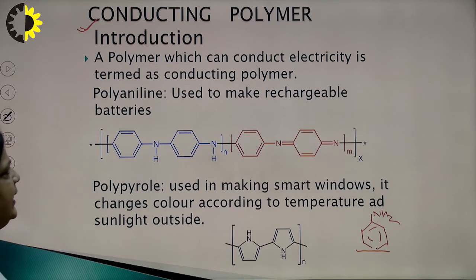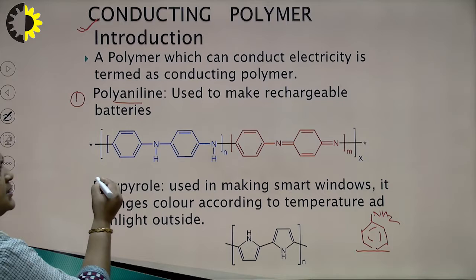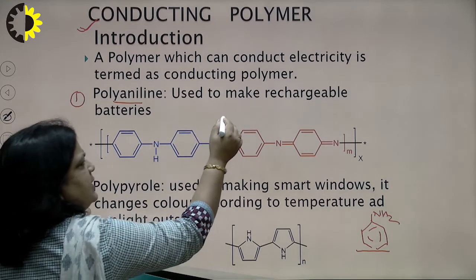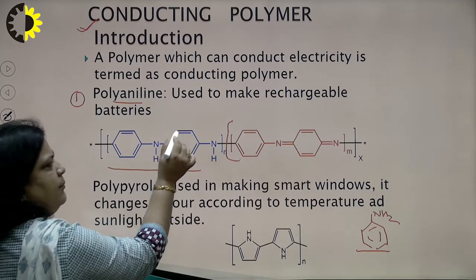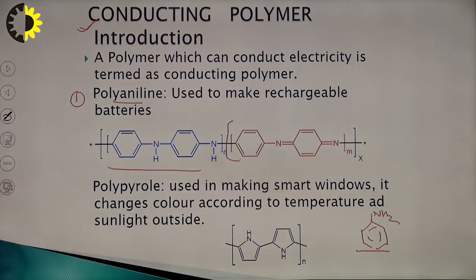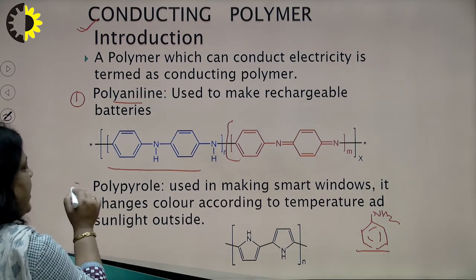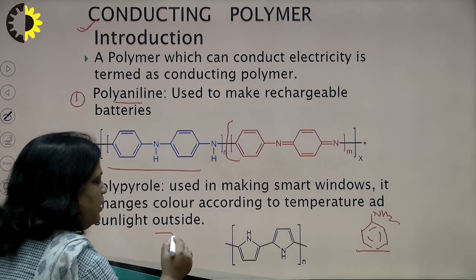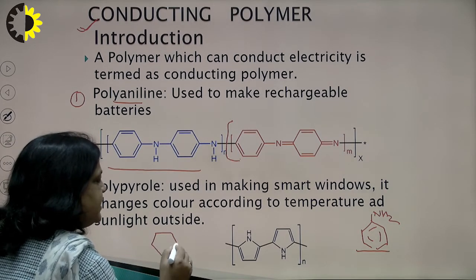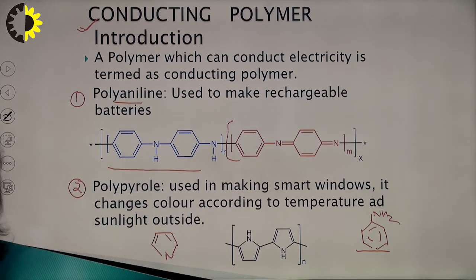So, first example is polyaniline, and if you draw the simple structure, it is like this, with benzene, NH, and so on, and it is used to make flat button batteries or rechargeable batteries. Second example is polypyrrole. Pyrrole is a heterocyclic compound, and heterocyclic compounds have very good application in the medical field as well as in this field.